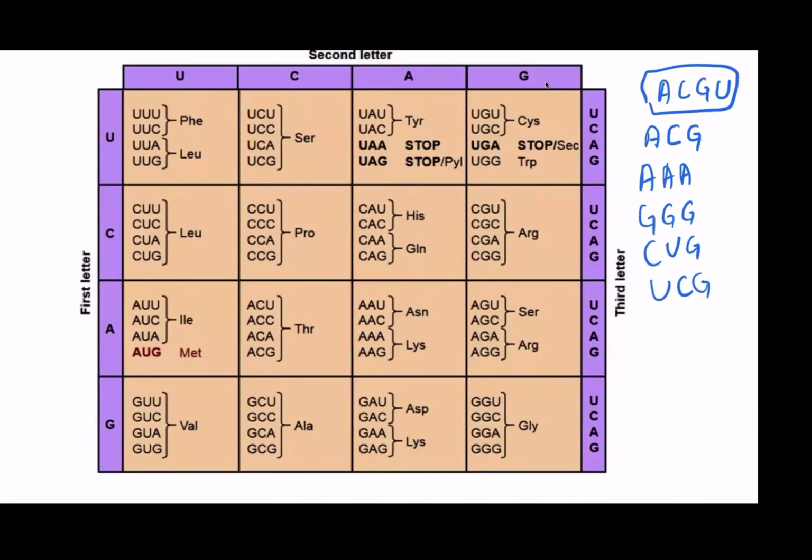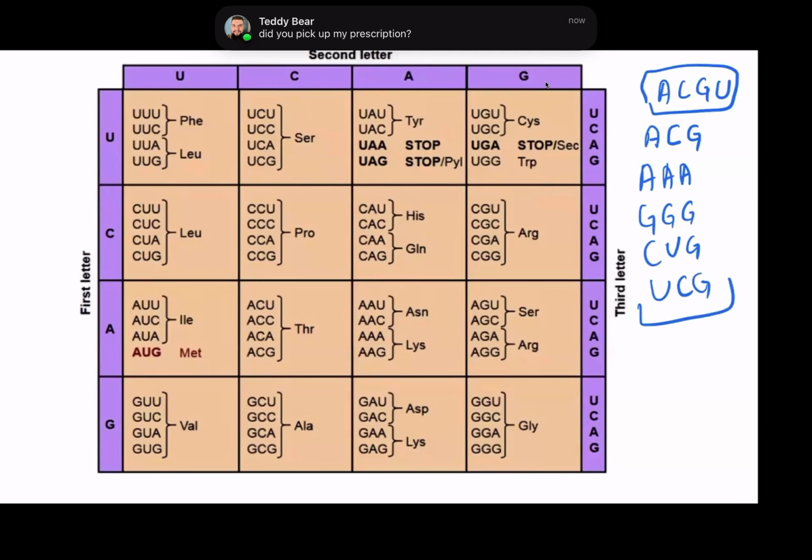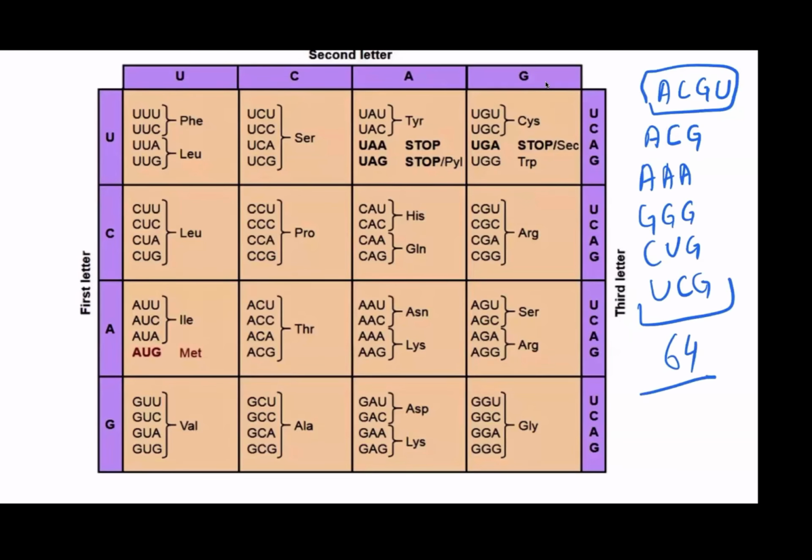I will start making them, and scientists, when they exploited all the possibilities, it came out to be 64, which is shown here. 4 times 4 times 4, 16 fours are 64. So 4 letters, possibilities of 3 is equal to 64.